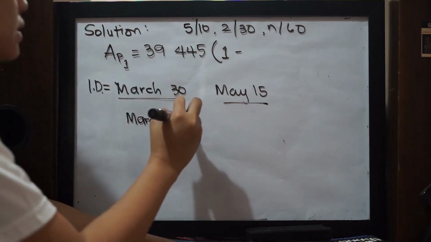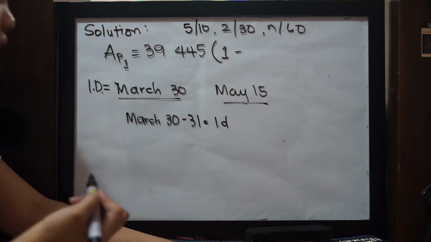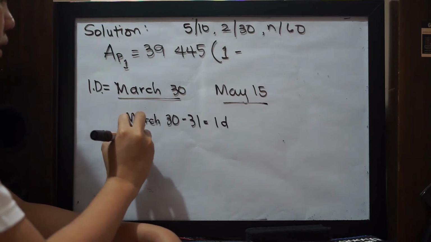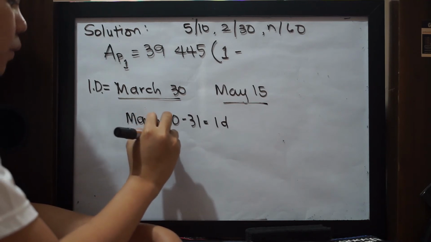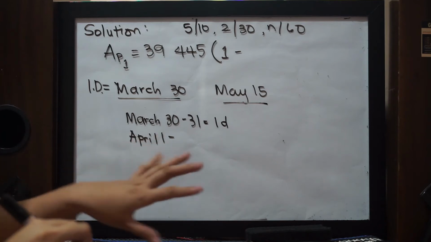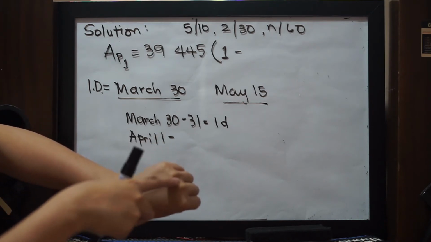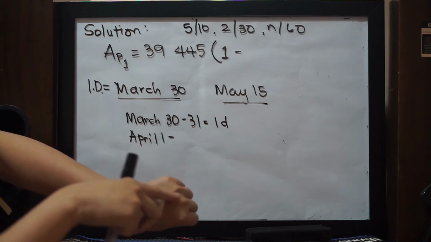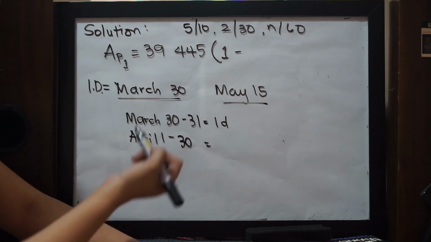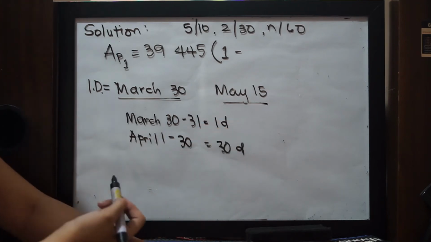So, it lands on a knuckle, which has 31. So, this is 1 day. Next, January, February, March, April. April, from April 1 up to April, does April have 30 or 31 days? January, February, March, April. It is in between the knuckles. So, it has only 30. So, obviously, from April 1 to 30, we have 30 days.